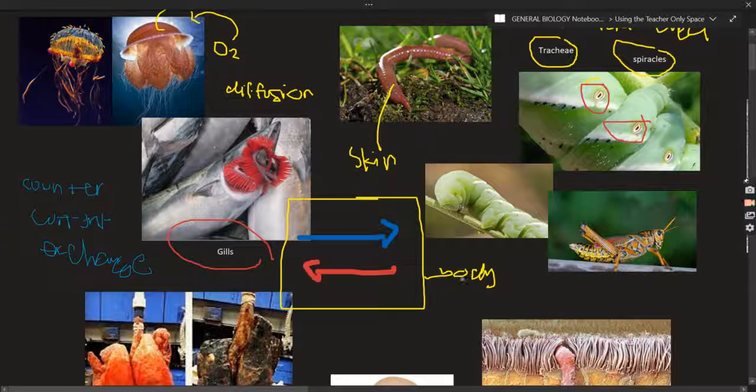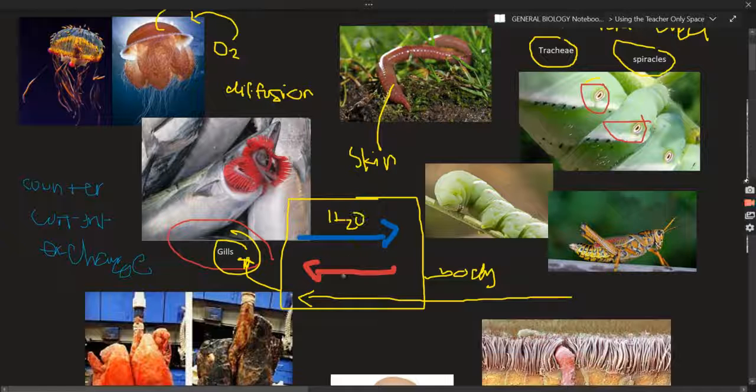So it is moving through their gills in this direction, papunta dun sa gills. So water from the outside will diffuse in, and then the blood will pass through the gills. So there is a countercurrent. So ano ibig sabihin nun? The passage of water is opposite to the direction of the blood.